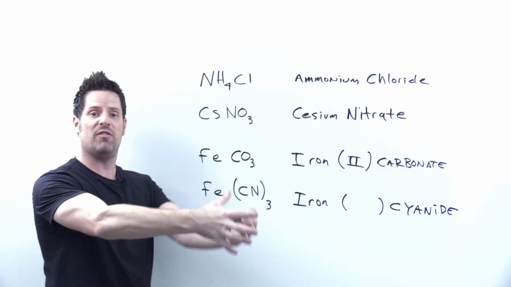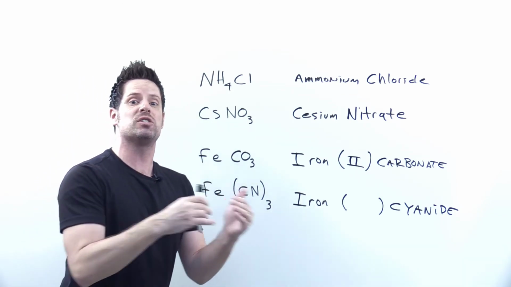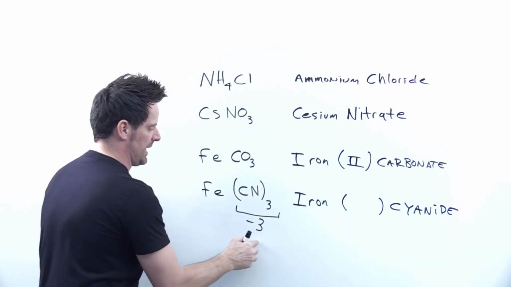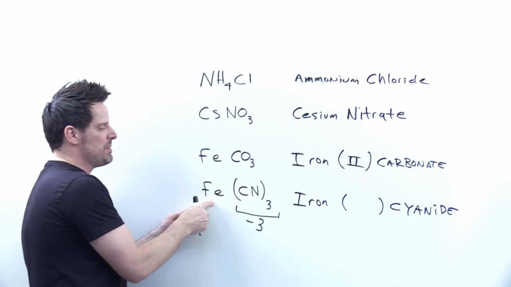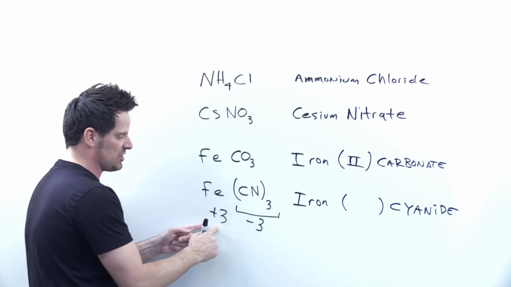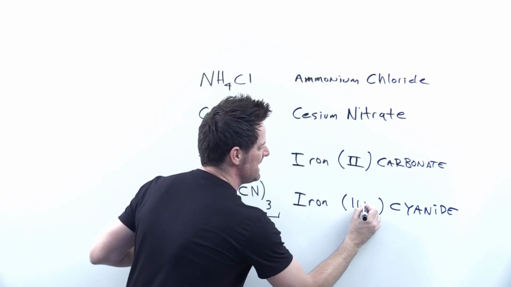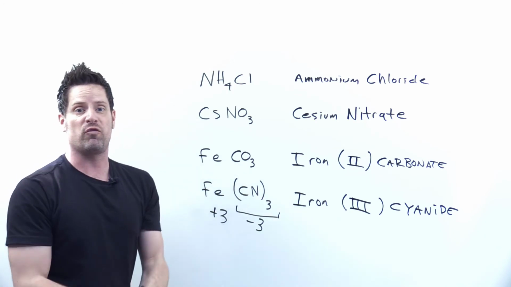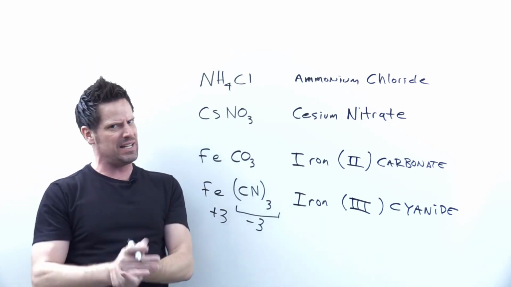So the total charge coming off of all of them together is 3 times -1, or -3 total, okay? So what does the charge of the iron have to be in order to cancel out that -3? It must be +3. So this is iron(III) cyanide as opposed to iron(II) cyanide, which would have a different formula and actually in reality be a completely different compound.